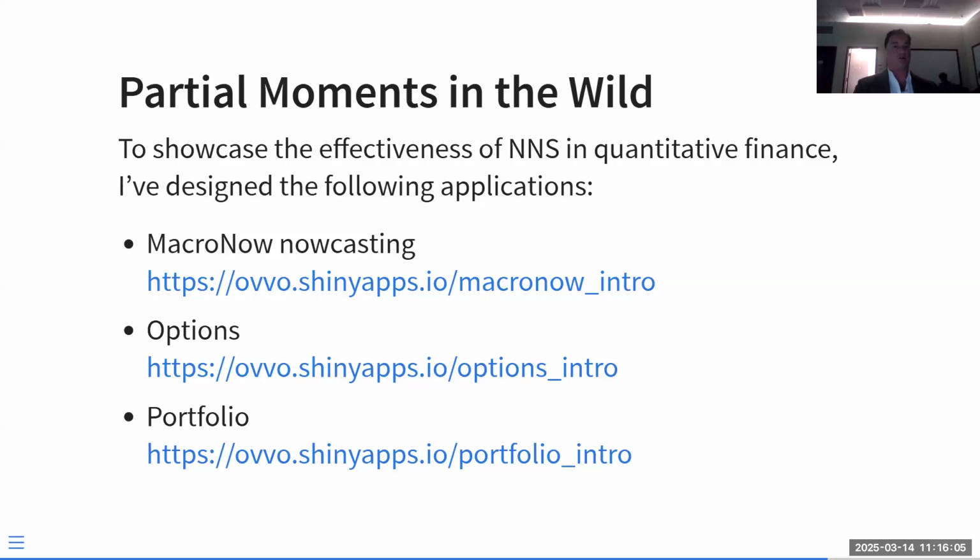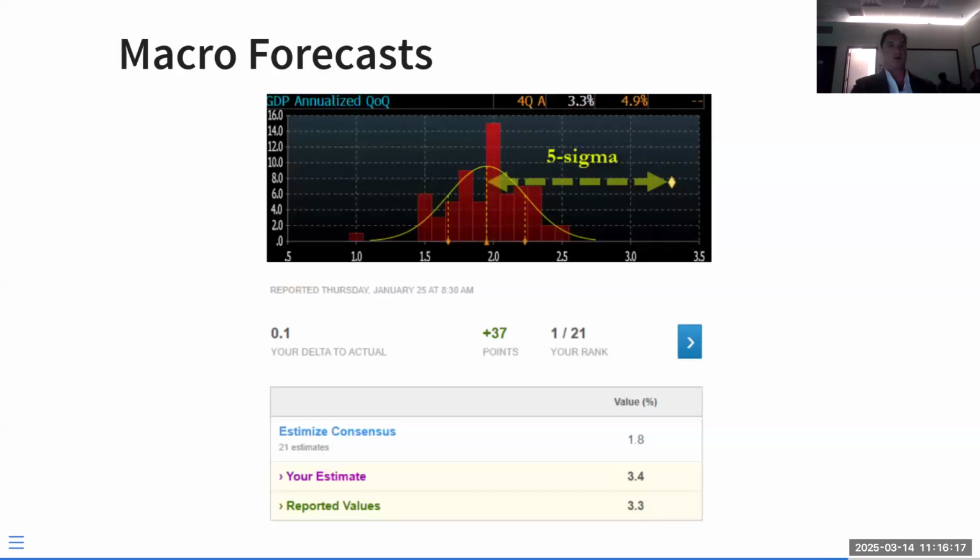And again, the portfolio method, where I ascertain your risk profile through several questions, and then come up with your corresponding partial moment degrees, and then build your portfolio there.